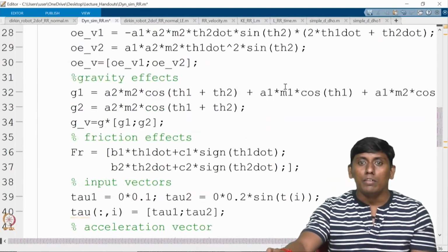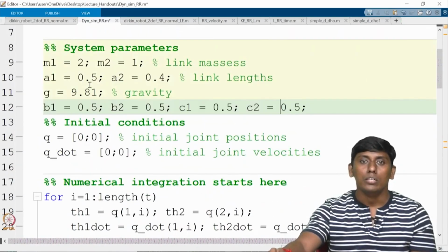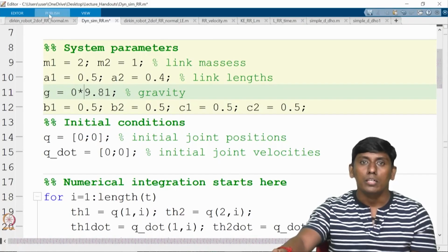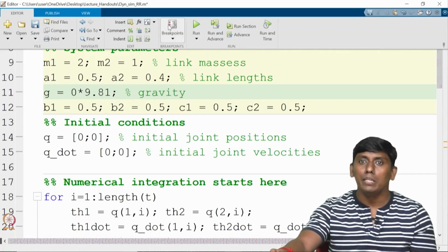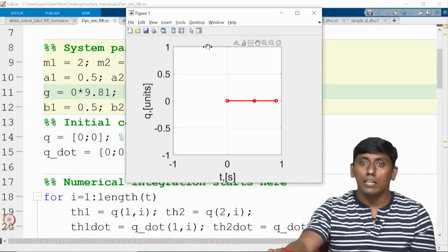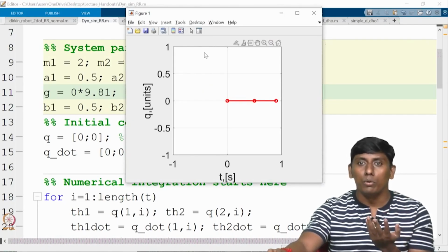But now if I take the gravity vector as 0, in the sense that there is no gravity at all and I put g equal to 0, then what can one expect? It would remain in the same place, right? Yes, that is matching, because tau 1 and tau 2 are 0, and you don't have any input or external effort.